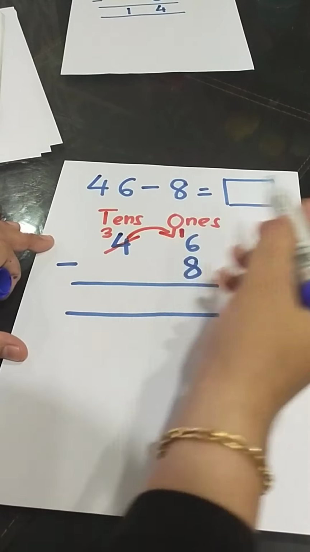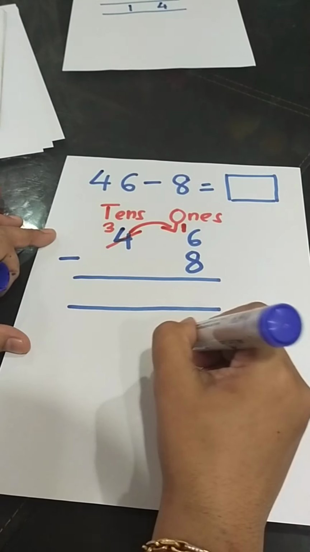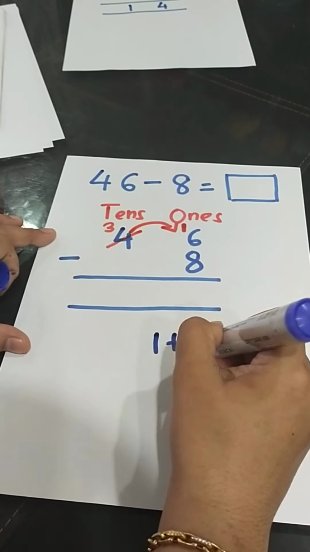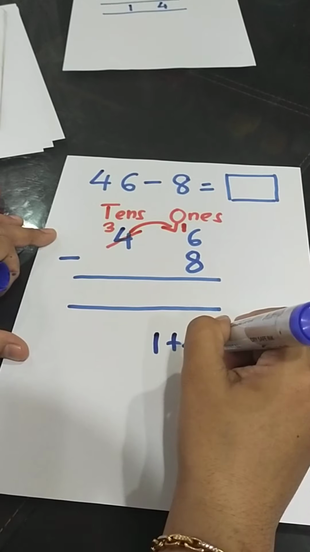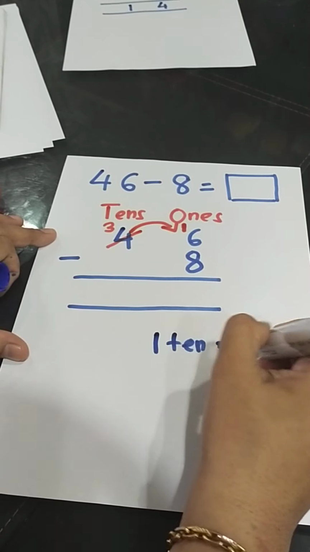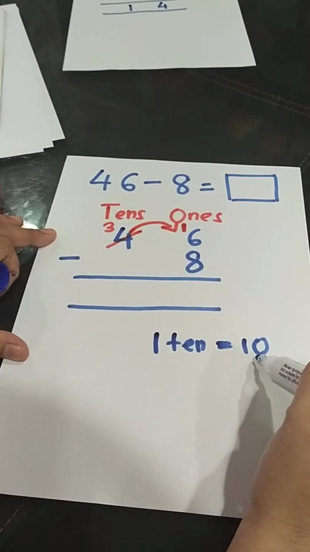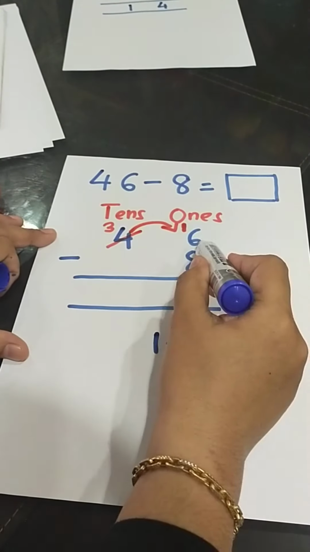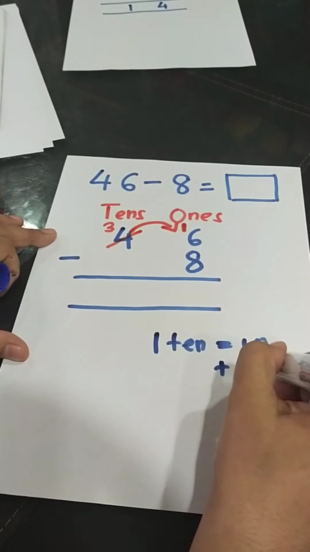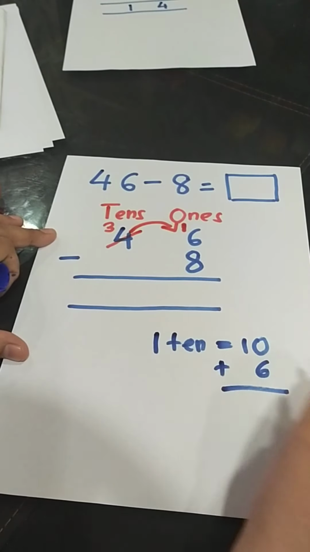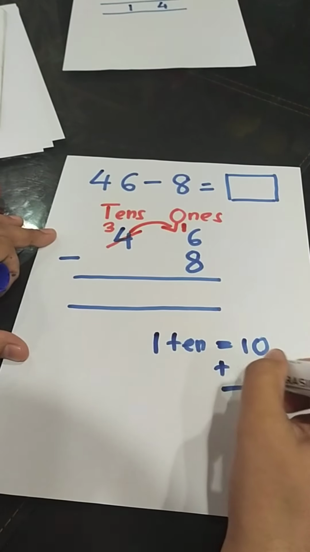1 ten means 10. Kan? 1 ni maksudnya 10. So dah ada 10 plus dengan 6 ni. 0 plus 6, 6. 1 plus 0, 1.